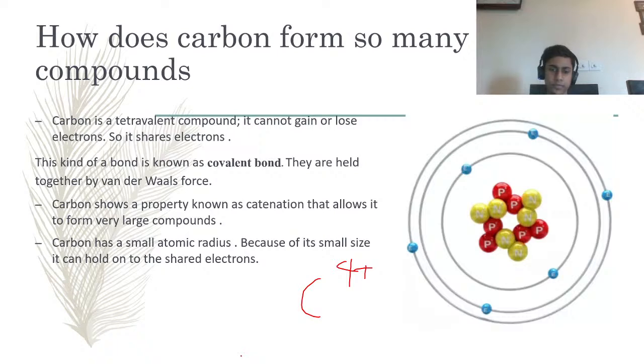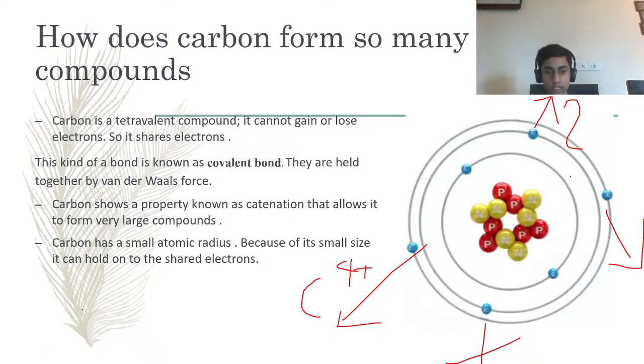C4 plus. If we had to remove electrons, we could remove one, two, and we could remove the third one with a lot of energy. But what about the fourth one? We would need so much energy because when we remove electrons, the shell keeps coming closer to the nucleus, and 6 protons would be applying a force on 3 electrons basically.